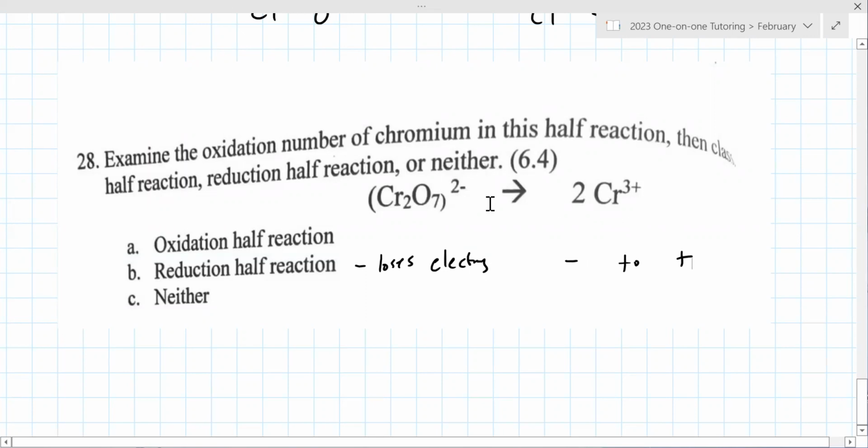That's what they're trying to get you to focus on, so that it loses electrons. And the half, I guess, is because there's other stuff going on here that they're not showing you. Which is B.